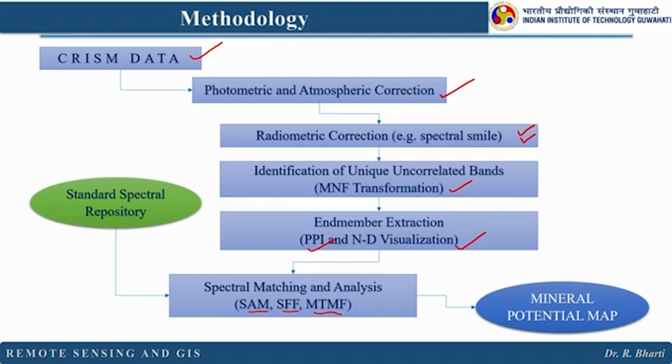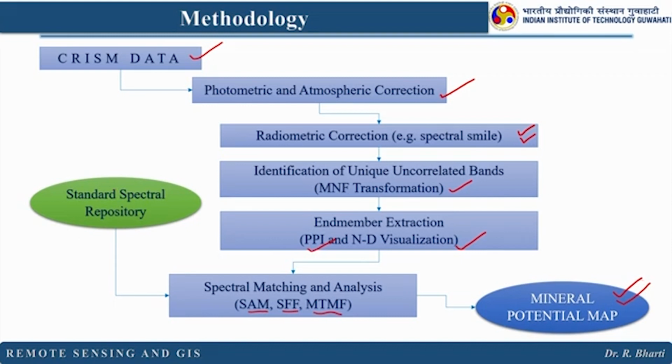Here, once you do that, you will get a classified image. But is it meaningful information? No, unless we resolve the end members extracted from the image with respect to the spectral library, this classified image has no meaning.